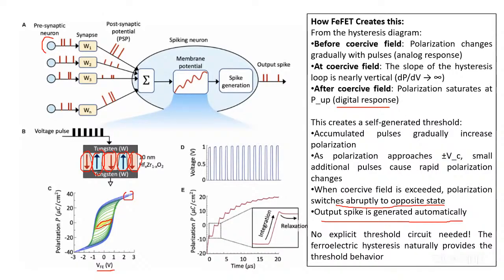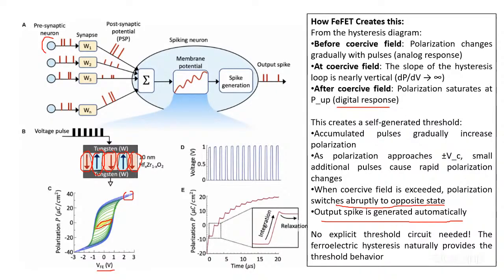We need a leaky integrator, and then the comparator also. But all this is not required in this case, because the ferroelectric material and its incorporation in the gate stack inherently does all these things by itself. And that's why it is important that we can use a ferroelectric neuron in this particular case.